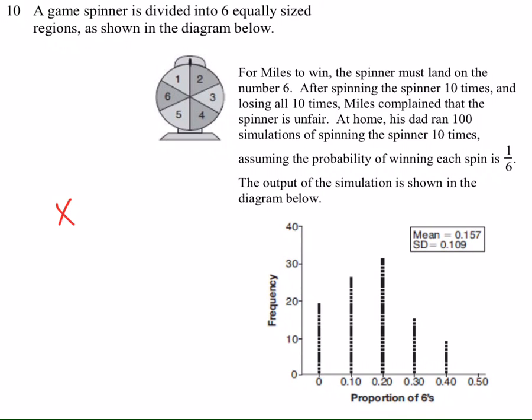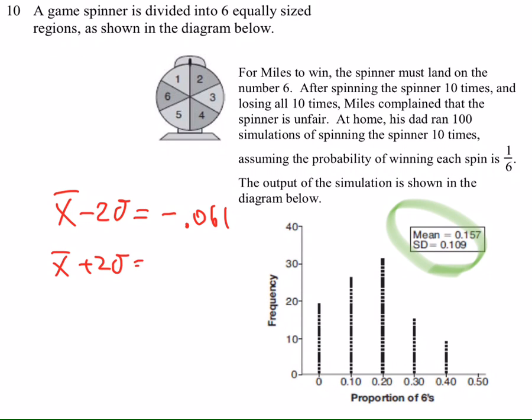So according to the simulation, what we're looking for is x bar minus 2 standard deviations. In our case, here it's negative 0.061 based upon this set of information. And then x bar plus 2 standard deviations was 0.375.